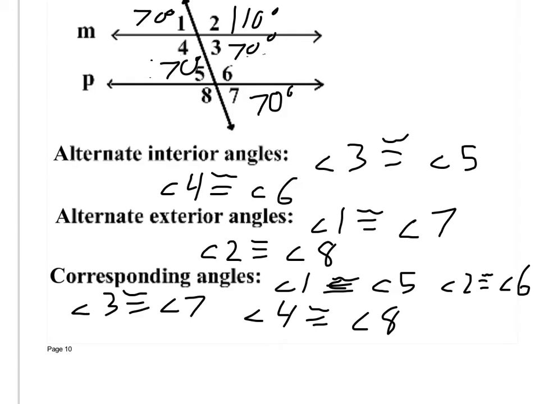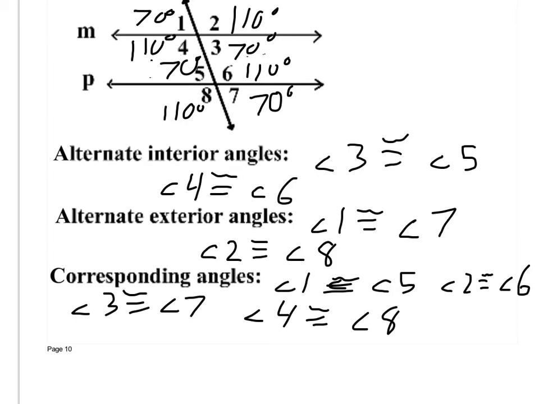And if I know that 2 is 110, then I know 8 is 110 because they're alternate exterior angles as well. And if I know 8 is 110, I know 4 is 110 because 4 and 8 are corresponding angles. I know angle 6 is 110 because 2 and 6 are corresponding. So just knowing one angle, I now know all 8.